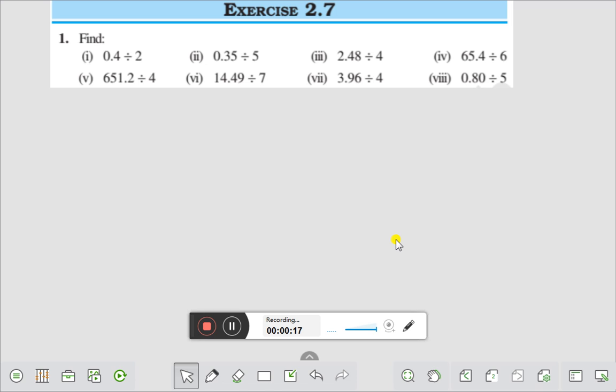Question 1 is 0.4 divided by 2. Let us find.